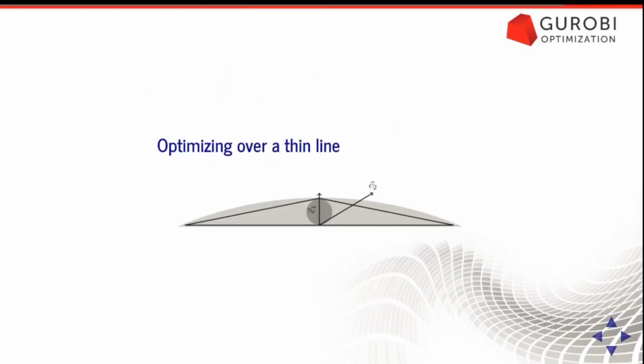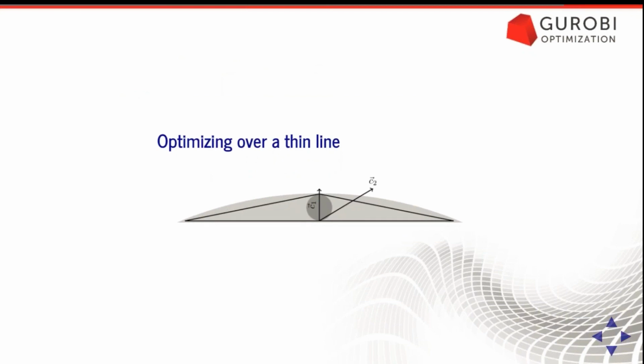But what if I try to optimize over a very thin triangle, like here? Imagine if I stretch this triangle more and more, the circle contained within it will get smaller and smaller, whereas the circle that contains it will grow more and more, and the ratio will get to be really bad.